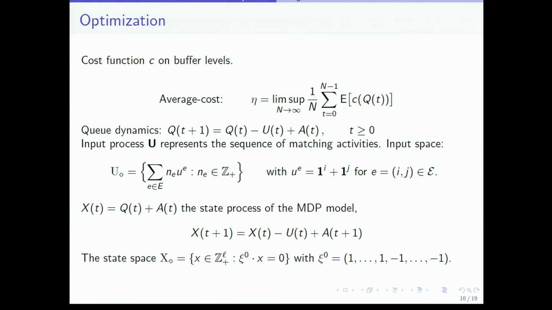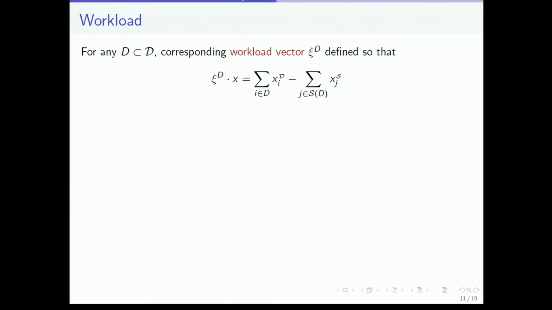This is denoted by X, and now we can frame this as an MDP problem for the process X. One of the first questions in analyzing queuing systems that you might ask is: what is the workload process? And here it's something that looks quite unusual.